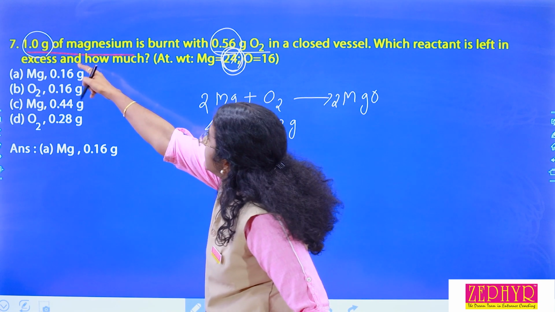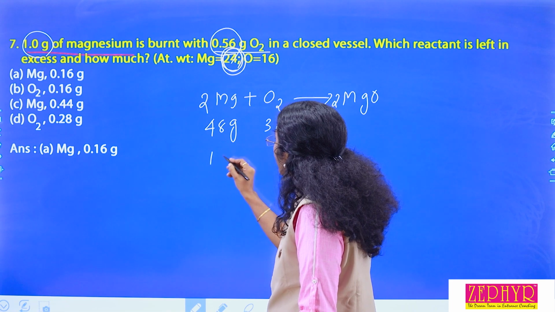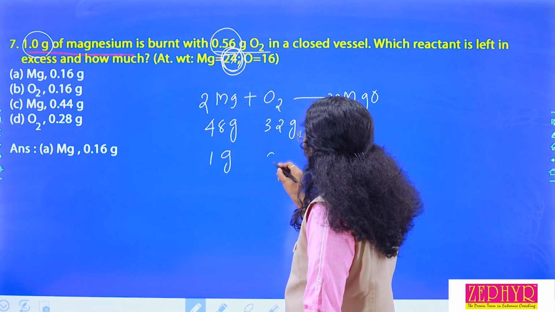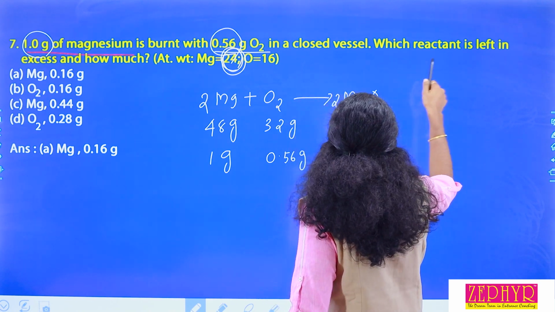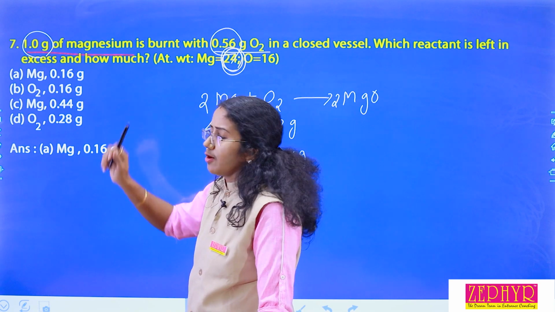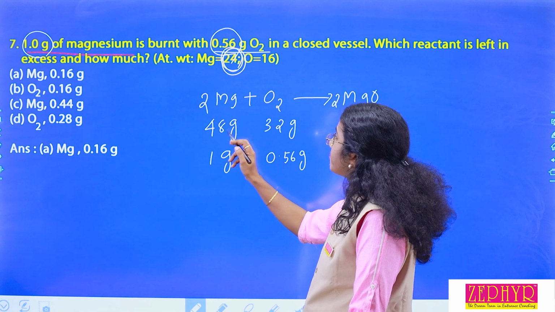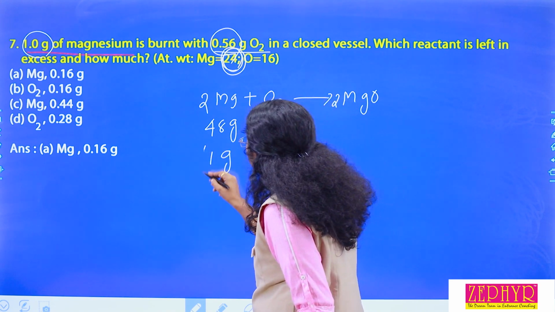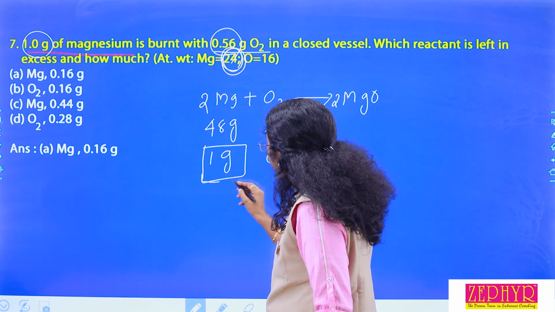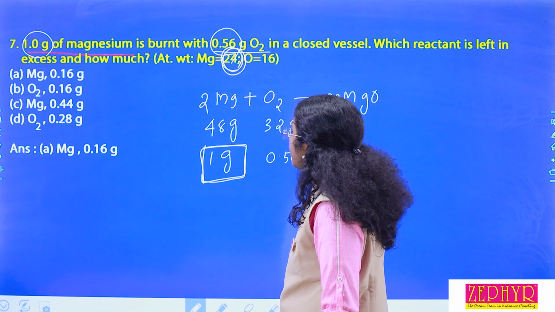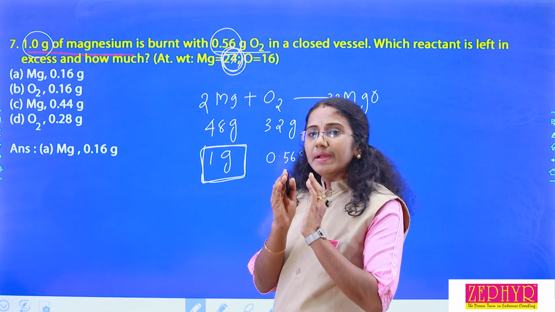Then write the given masses: magnesium 1 gram, oxygen 0.56 gram. You have to calculate which reactant is left in excess and how much. We have to check whether it is excess or limiting.